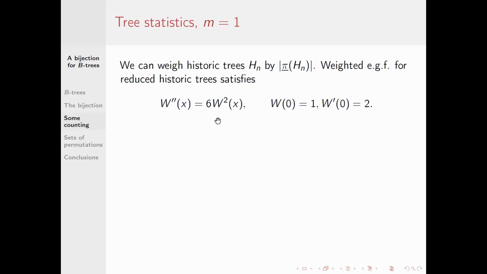Okay, you can also then weigh historic trees, because as we saw a few slides ago, you lose some information by going from the actual keys to the history. So if you account for this and weigh your historic tree by the number of permutations that produce it, then in the case for m equals 1, you get this differential equation, which is actually much nicer to solve.